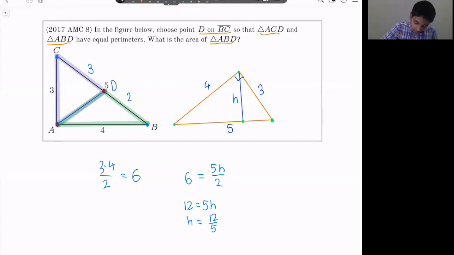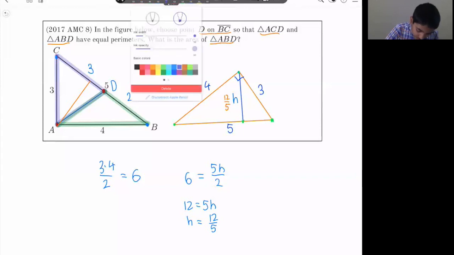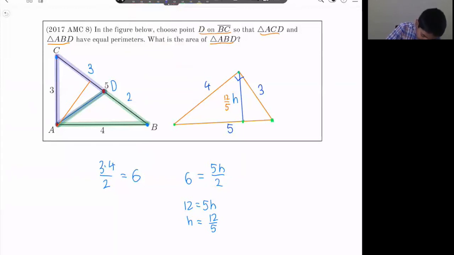So this H is going to be 12 over 5. Now we have that. Let's draw another diagram. This length is going to be 12 over 5. So the area of ABD is going to be the base times height divided by 2.